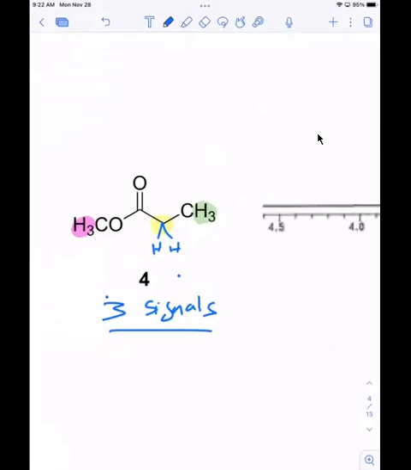The giveaway is the splitting pattern. If this is the CH3 right here, what should that splitting pattern be? If I write that out, are there any neighbors to those protons?